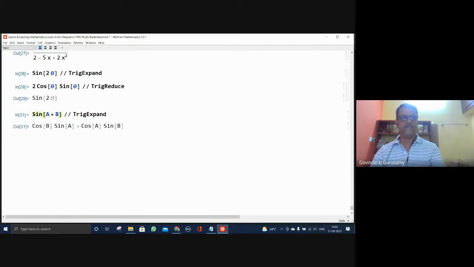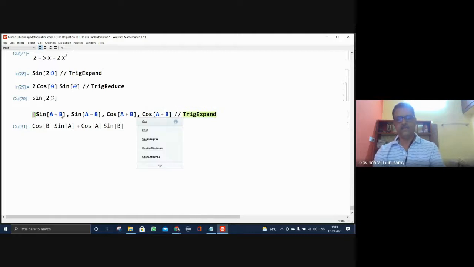You can have a list here now. Take it over here. Sine of A plus B, comma, sine of A minus B, comma. I'm going to have a list of expansions. Then cos of A plus B. Then you can have cos of A minus B. The formulas we are all familiar with can be done in one line.